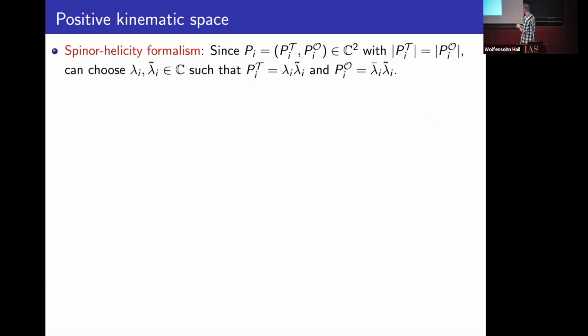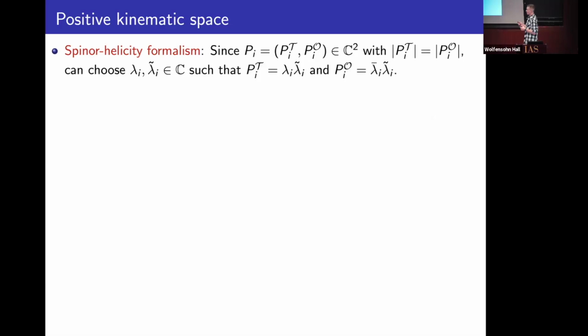You have a pair of complex numbers of the same absolute value, and you want to factorize them. So you take the first complex number, and you write it as a product of lambda times lambda tilde, where lambda and lambda tilde are just any pair of complex numbers. So you write the first one as lambda lambda tilde, the second one as the complex conjugate of lambda times lambda tilde.